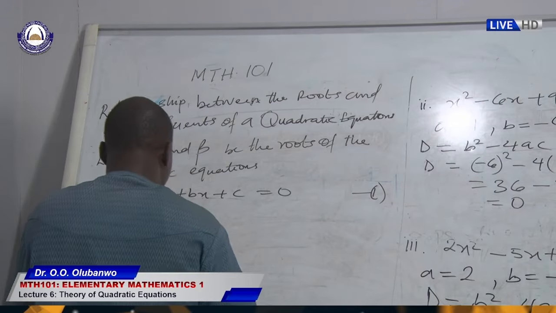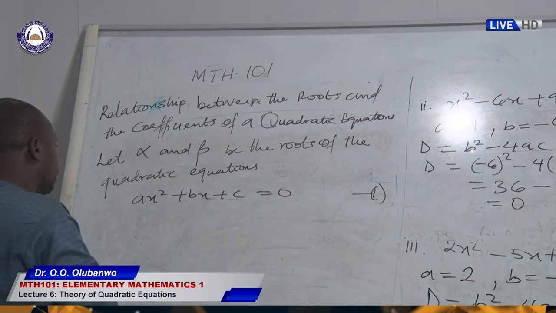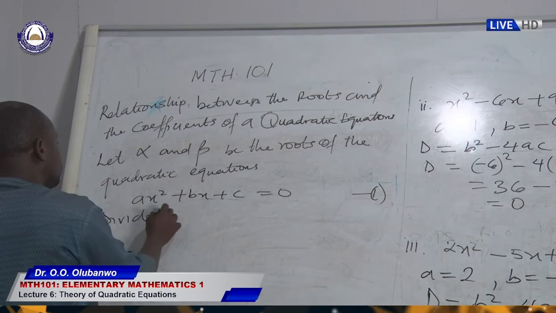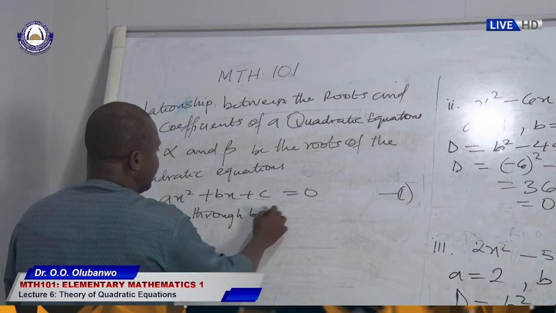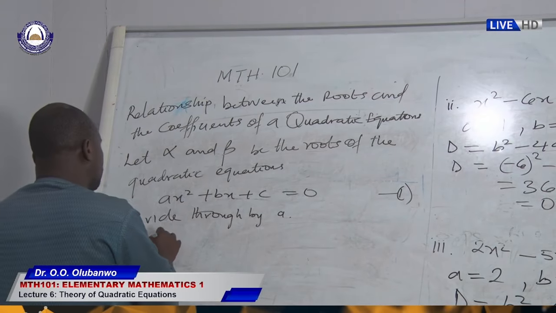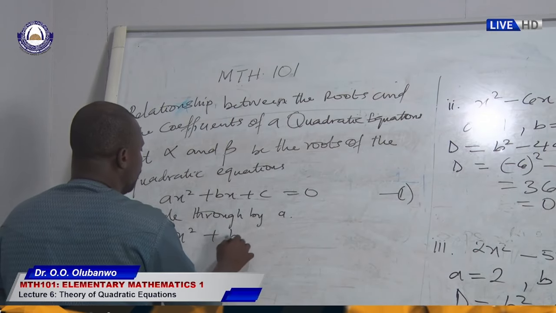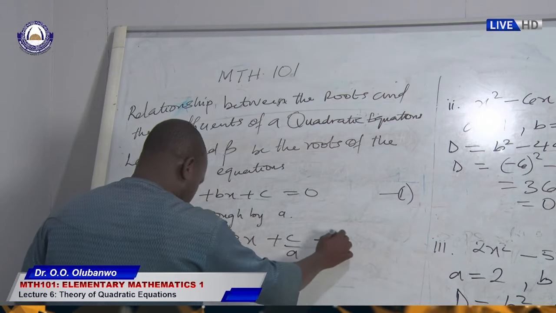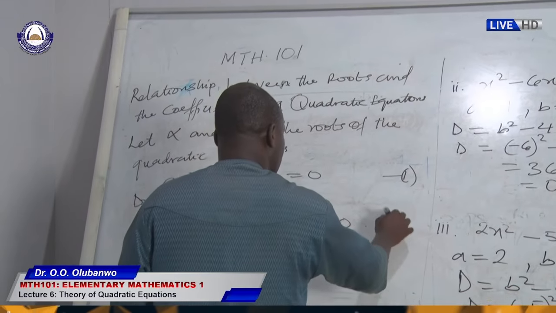Now, if we have this equation 1, divide through by a, we now have x squared plus b over a x plus c over a equals 0. Let's label this as equation 2.